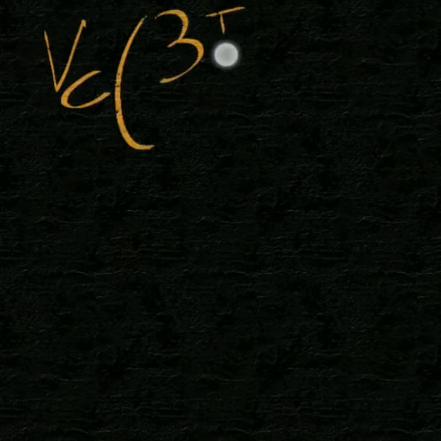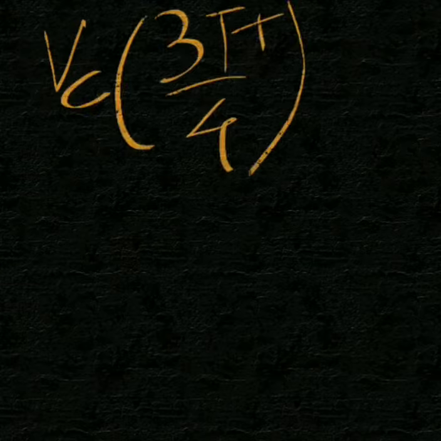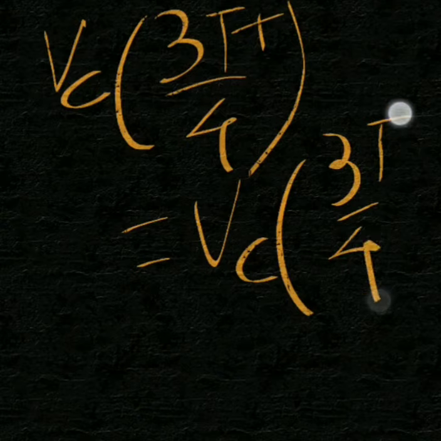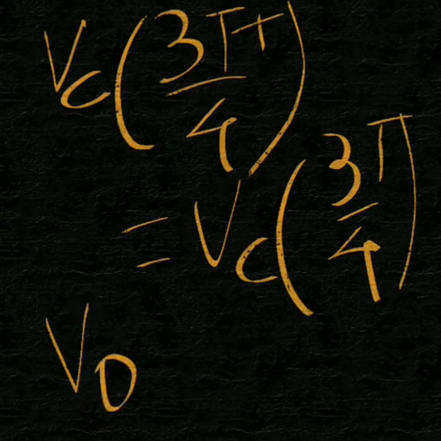Just after 3T/4, that is at 3T/4 plus, the value of VC will be equal to the value of VC at 3T/4, because we know the capacitor prevents abrupt change in voltage, but VO will change.